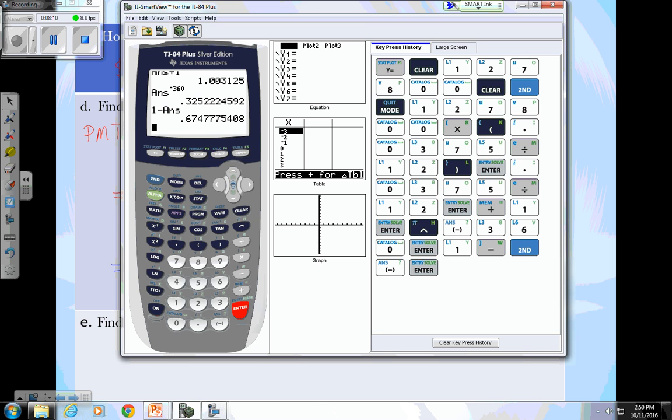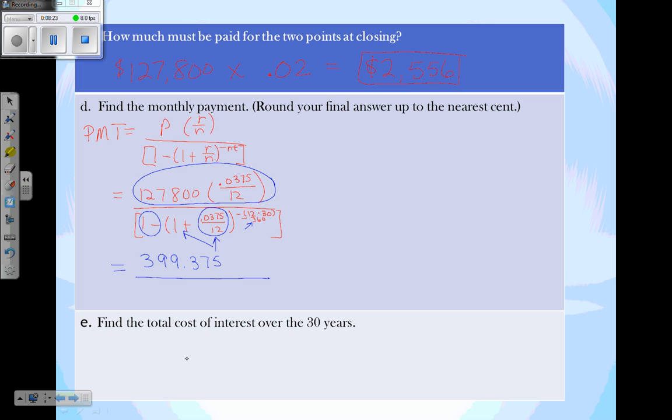Okay, this is your denominator, 0.674777548. I always write that down. I write this big decimal down, 0.674777548. This is the decimal that I get when I do this calculation.